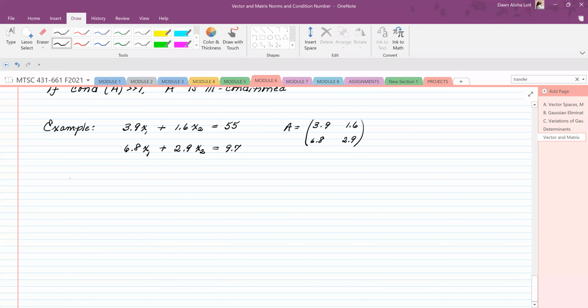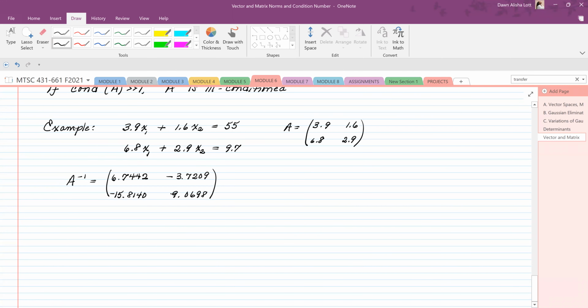So it's easy to find A inverse, which is 2.9, negative 1.6, negative 6.8, 3.9, all divided by the determinant, giving 6.7442... negative 3.7209, negative 15.8140, and 9.0698.